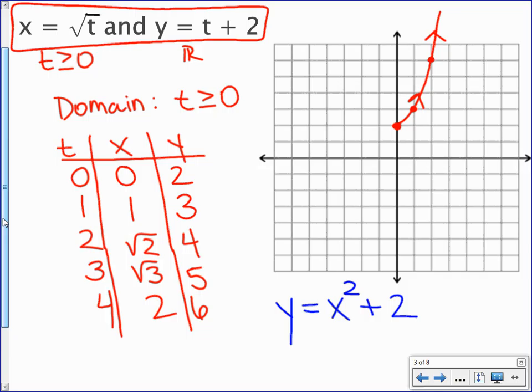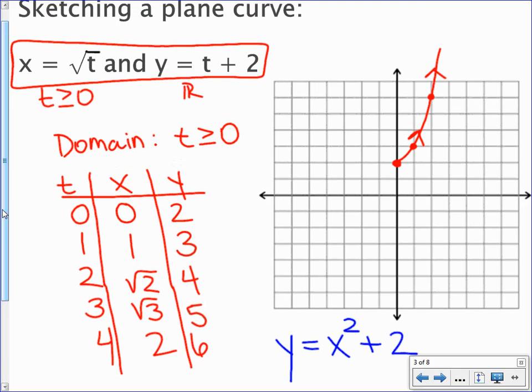It's not a full parabola. And why do we not have a full parabola? Because we have a restriction here, okay? If one of your parameters has a restriction, that means at the end, your rectangular equation might have a restriction, okay?